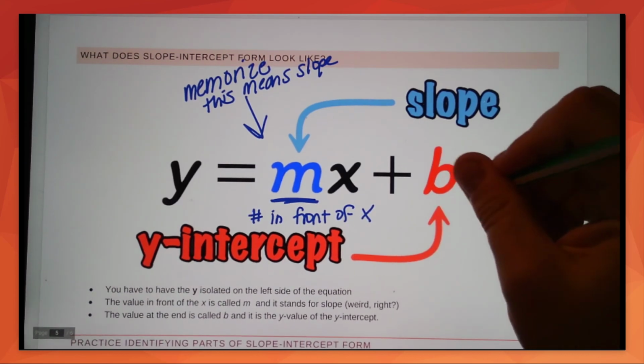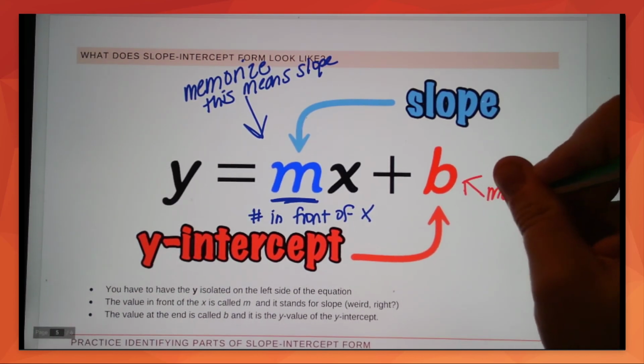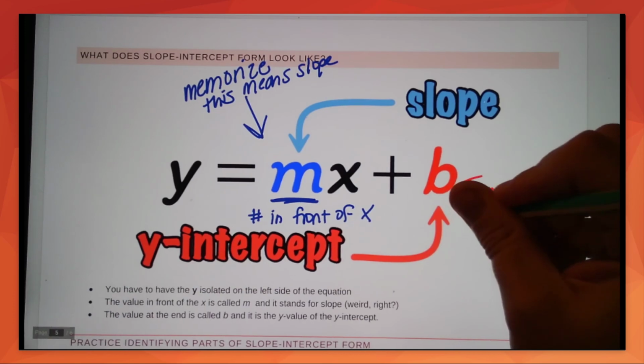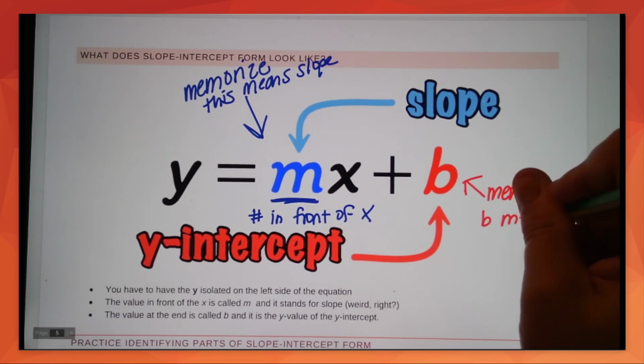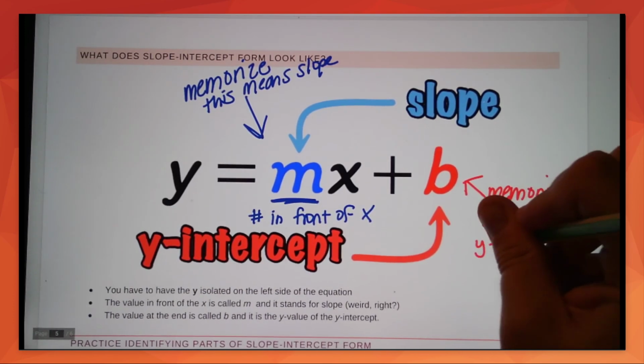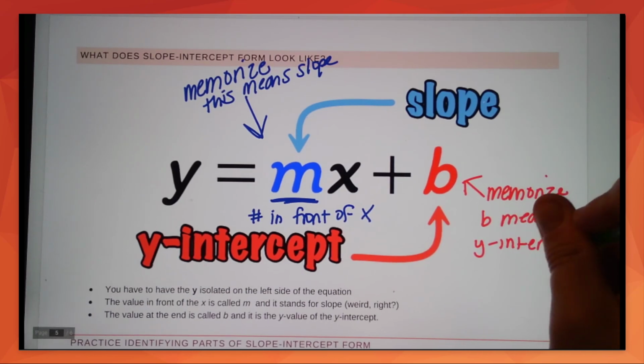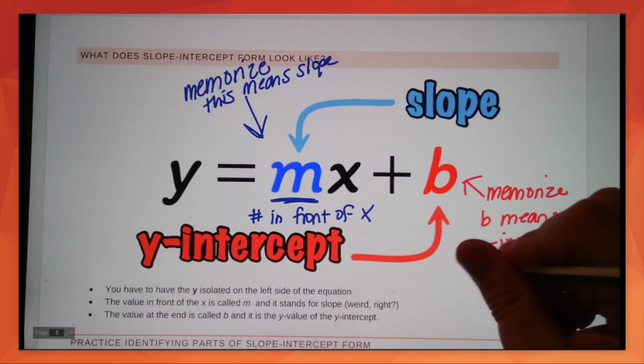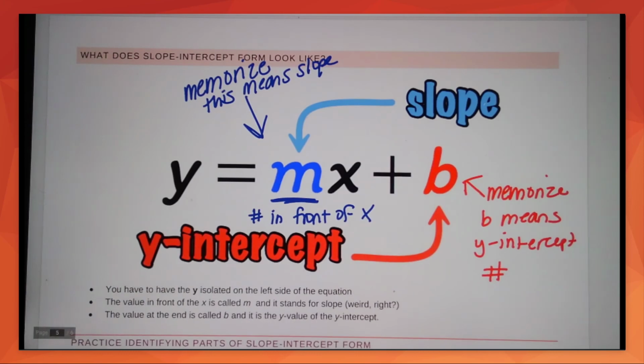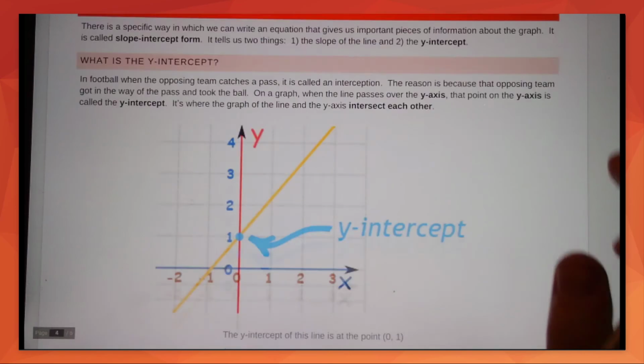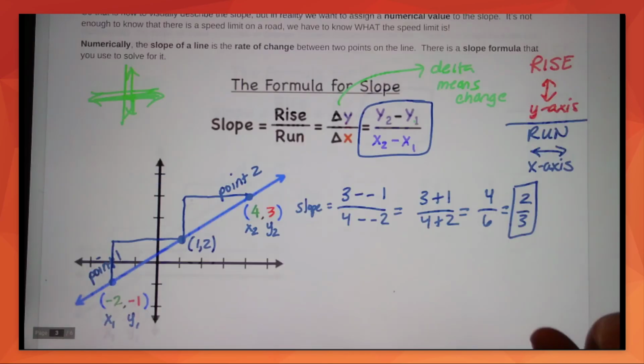You have to remember or memorize b means y-intercept. It is going to be a number, but it does not have any variables in front of it, okay? That's what you have to know about y-intercept form. It's always going to kind of look very similar to this. In fact, if you flip back to those equations that we did earlier where we graphed them, I'm going back really far in the notes right now.